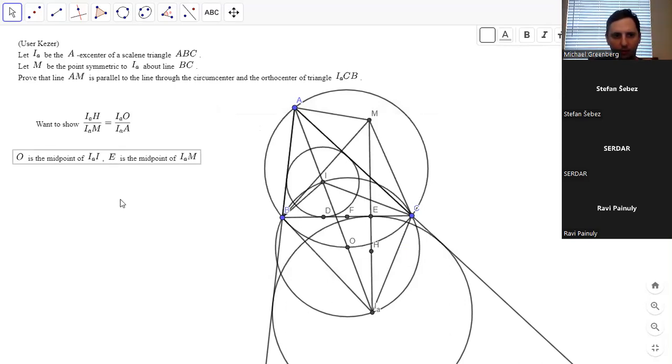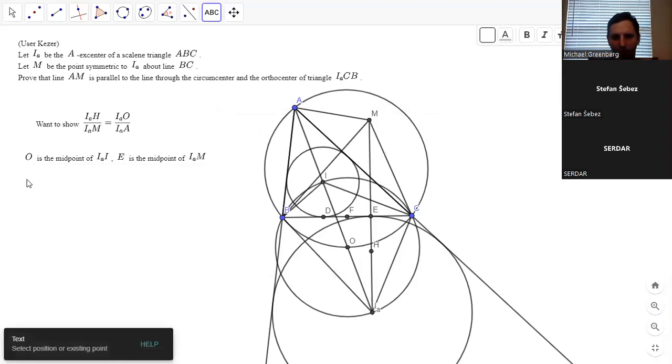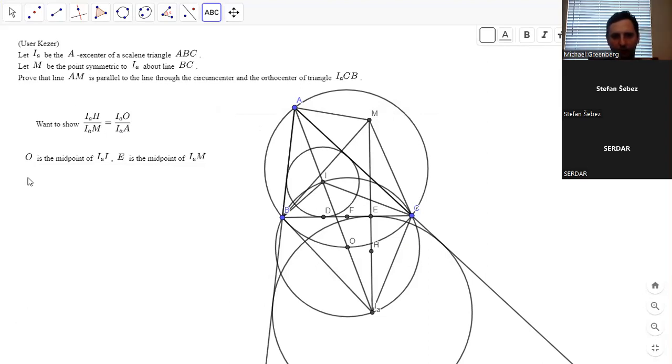So basically this is equivalent to, we can rewrite this as, we want to show IAH over IAE. Because IAO is half of that, and IAH. So this is half of something. I'm confused.